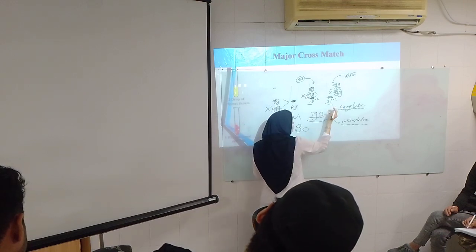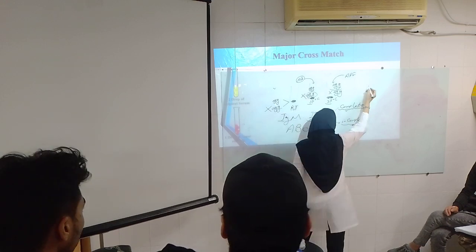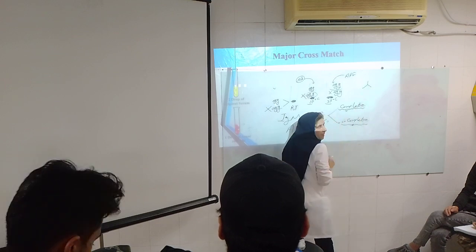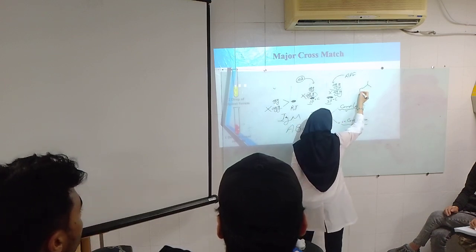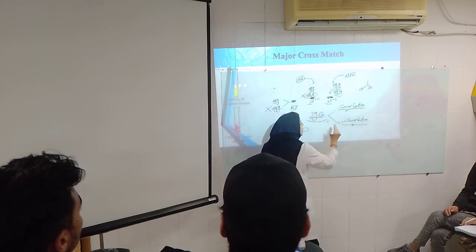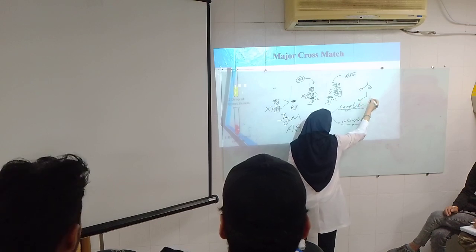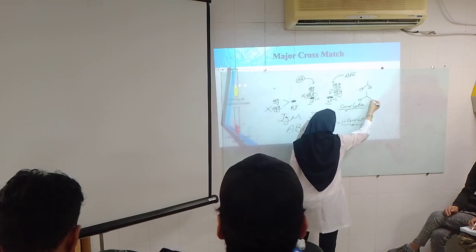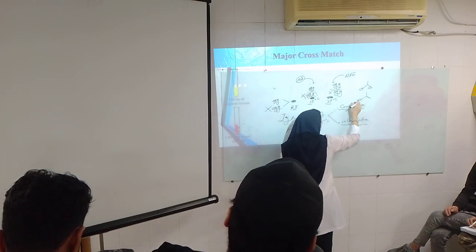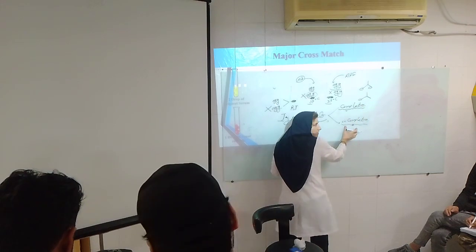Here, the incomplete IgGs, what does it mean? You know, every antibody has two arms. If the antibody attaches to antigens with both arms, we call it complete. But some antibodies just attach to antigen with one arm. And because the other arm is free and cannot attach to antigens, you cannot detect it.